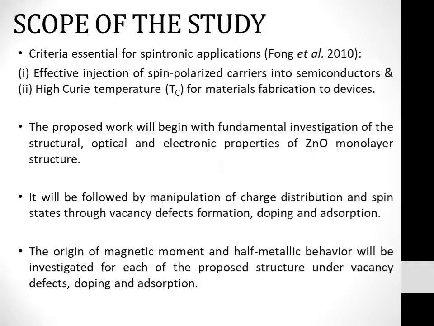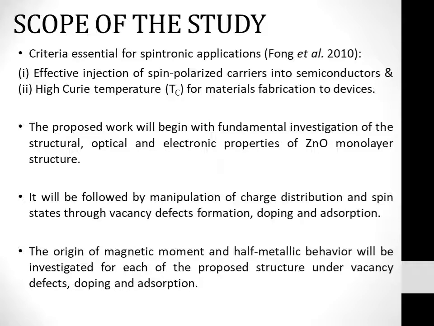The proposed work will begin with a fundamental investigation of structural, optical, and electronic properties of the ZnO monolayer structure. The fundamental investigation will be followed by manipulation of charge distribution and spin states through vacancy defect formation, doping, and adsorption.